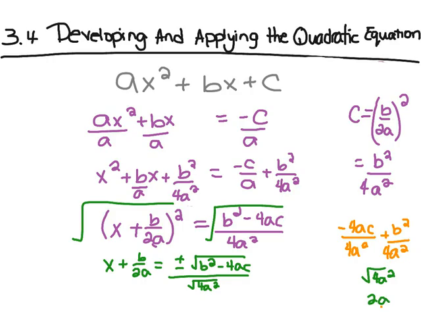So our last step is to move our b. So we have x equals, and because our denominators are the same, we can combine them. Negative b plus or minus the square root of b squared minus 4ac over 2a, which is our quadratic formula. You can't even see that that's a 2a, but it's over top of 2a.